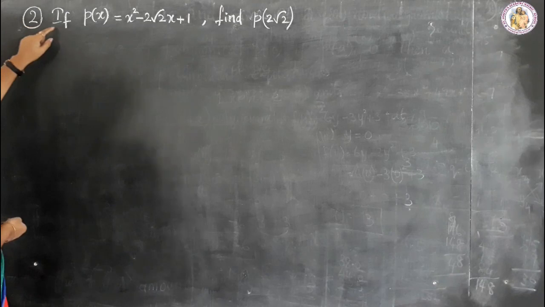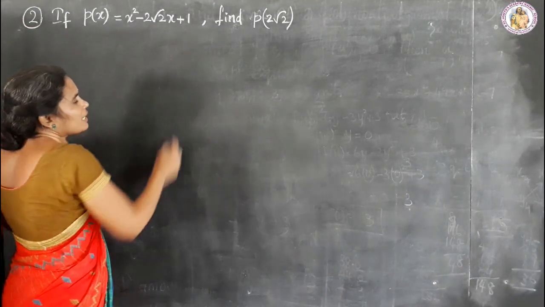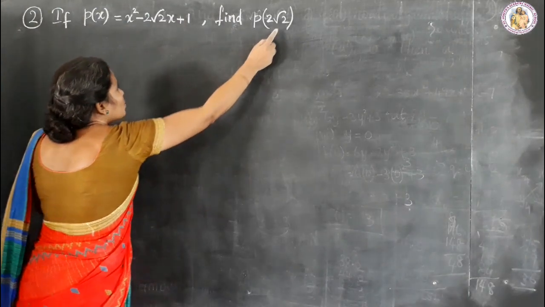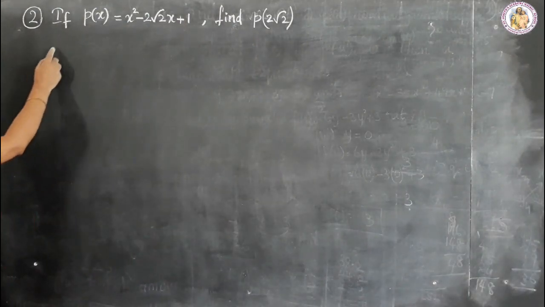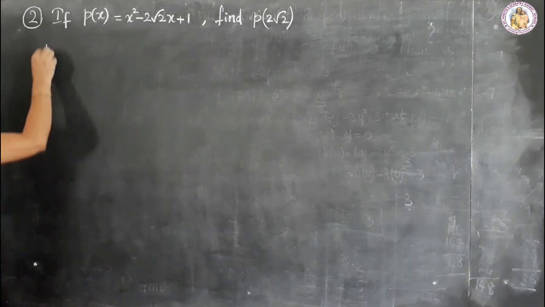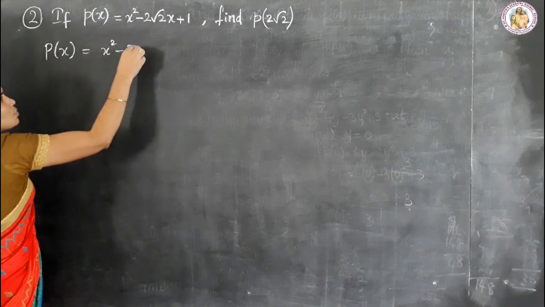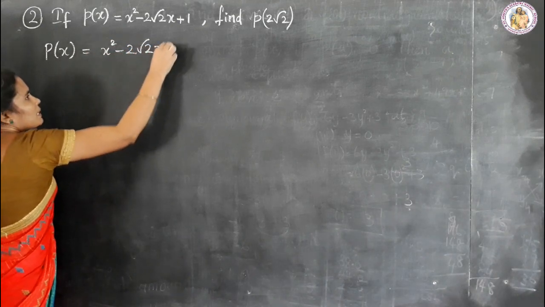Question number 2. If p of x is equal to x square minus 2 root 2x plus 1, find p of 2 root 2. So in the place of x you have to apply 2 root 2. Okay. Now write p of x is equal to x square minus 2 root 2x plus 1.